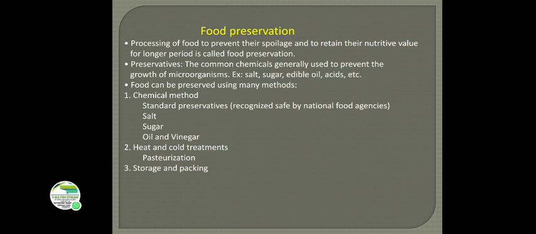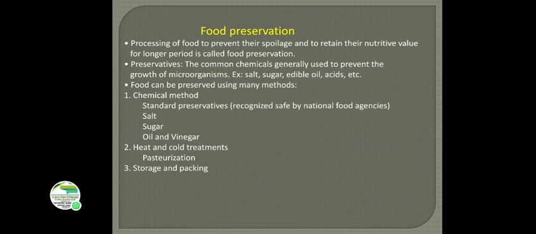So in that case, how can you or me or anybody take certain steps to preserve the different food items? When you are preserving food items, the food should be prevented from the attack of microorganisms, and also it should not lose its nutritive value. Nutritive value means the nutrients present in the food should not be lost.